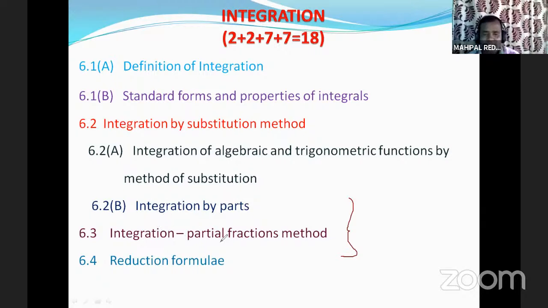We are going to learn only the definition of integration, the standard forms and properties of integrals, and integration of algebraic and trigonometric functions by method of substitution. Only these 4 topics we are going to learn.